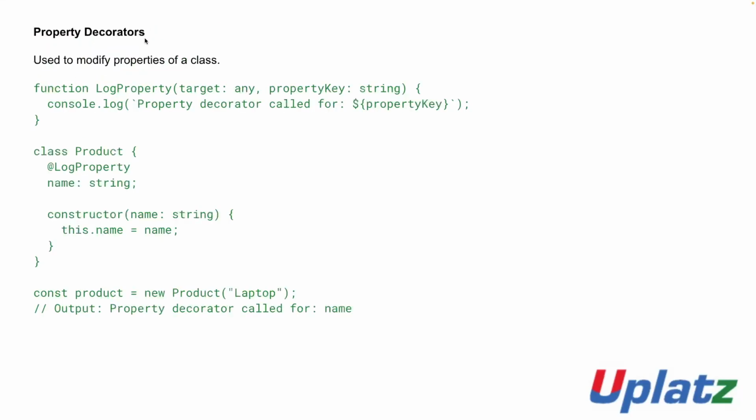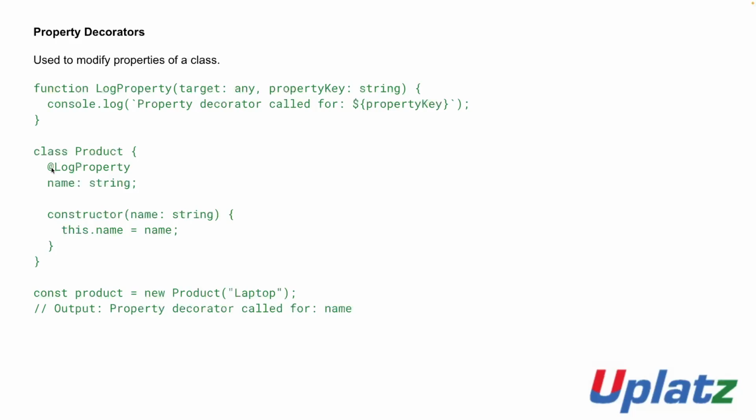Property decorators are used to modify properties of a class. Function logProperty, target of type any, propertyKey of type string. console.log within backticks, property decorator called for colon, then dollar within curly braces propertyKey, backtick is closed.